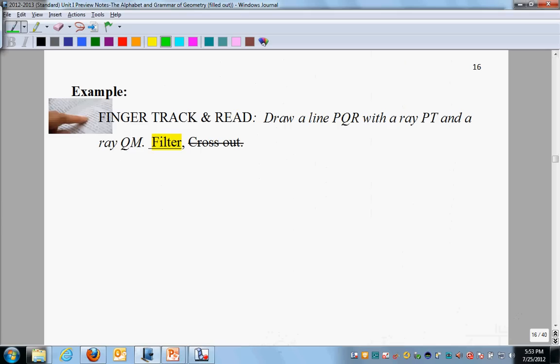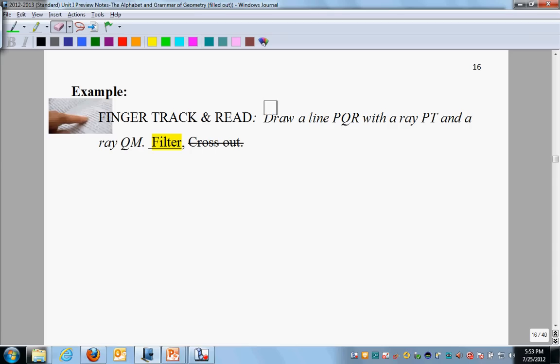One of the key skills in geometry is taking this alphabet and translating sentences into a diagram. Now there's a special way I want you to read all math problems. First, physically put your finger at the beginning of this line.